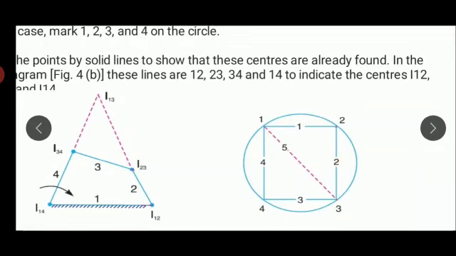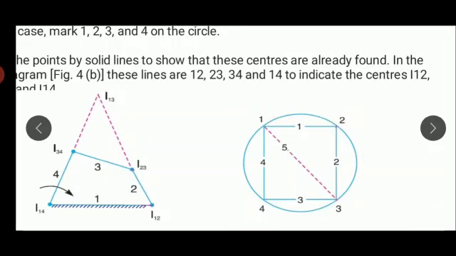In order to locate the fifth instantaneous center, I'll draw a dotted line between points 1 and 3. So we'll be having 2 triangles, triangle 1, 2, 3 and triangle 1, 3, 4.